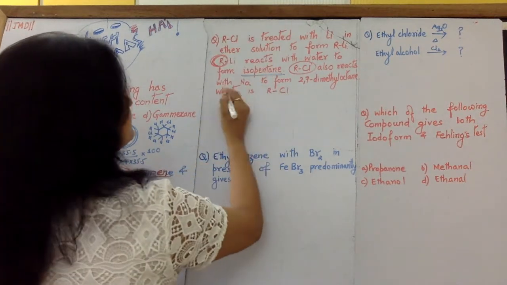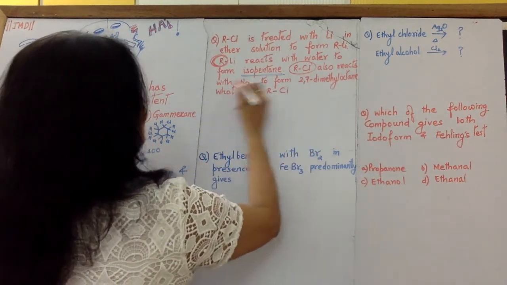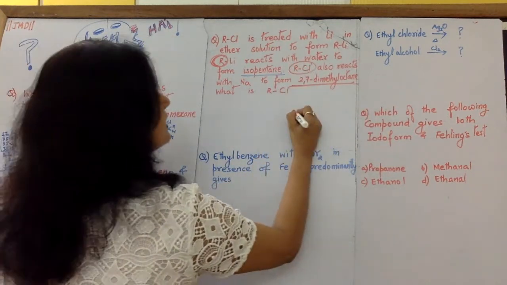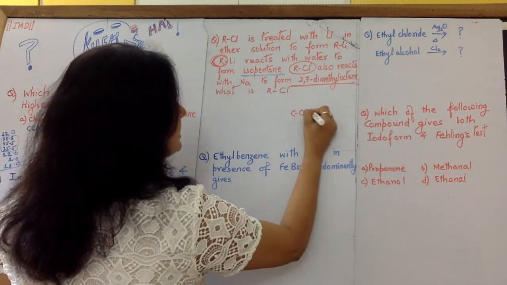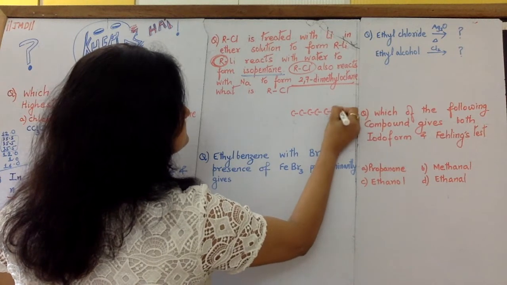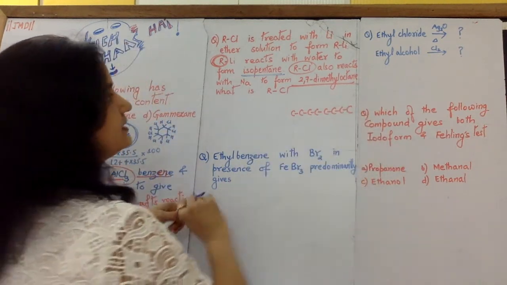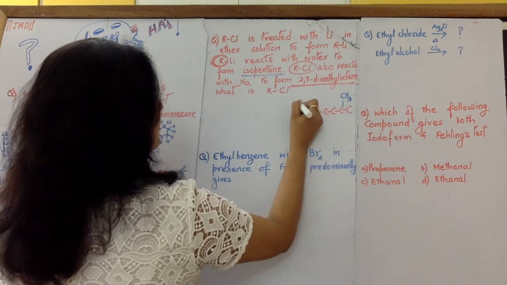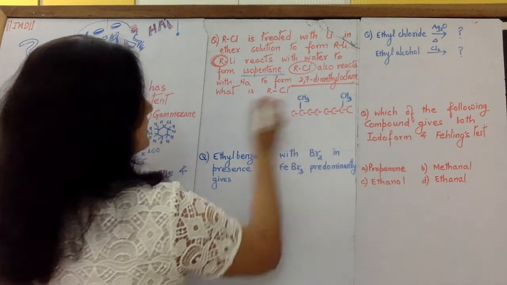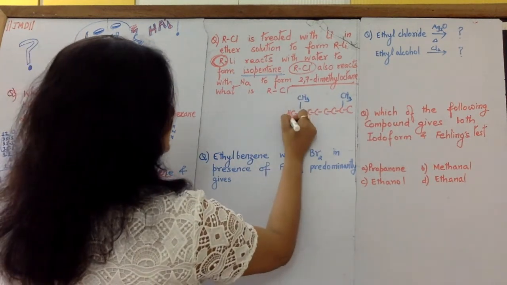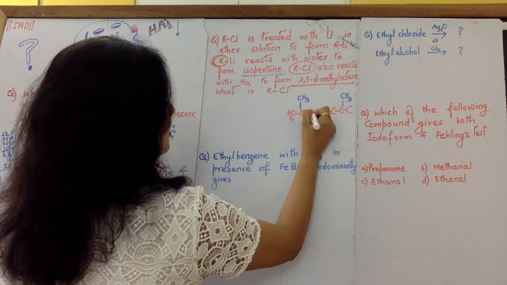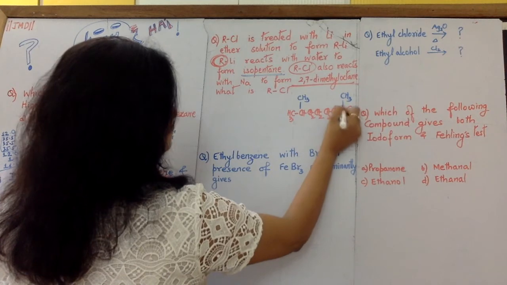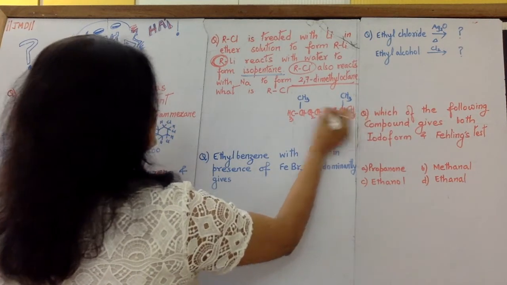Anyway, further we see this RCl reacts with Na to form 2,7-dimethyl octane. It's very simple. If I write 2,7-dimethyl octane, this is octane. 2,7-dimethyl: there is an umbrella on 2 and an umbrella on 7. This is 2,7-dimethyl octane, just adding the required number of hydrogens.